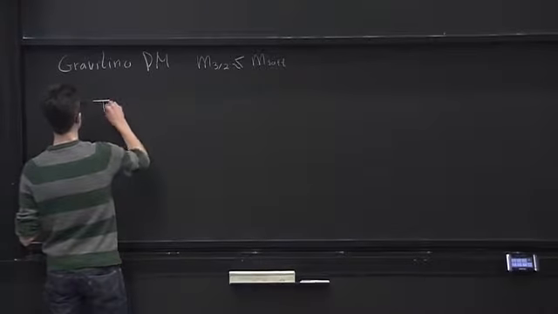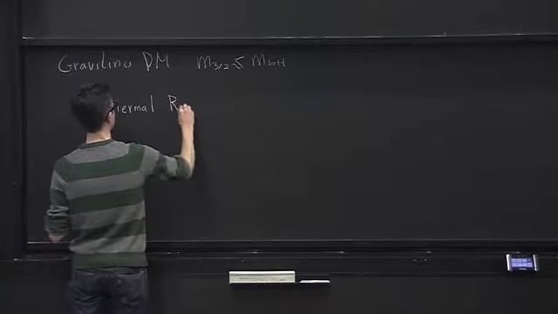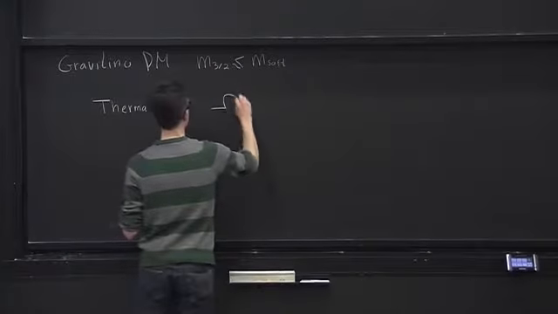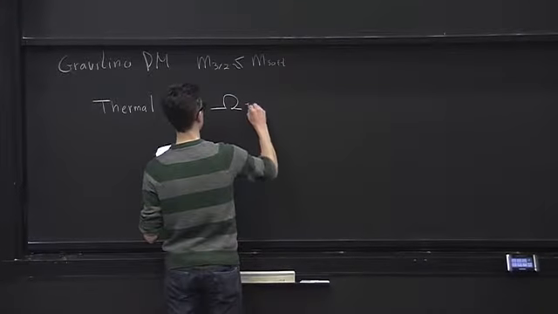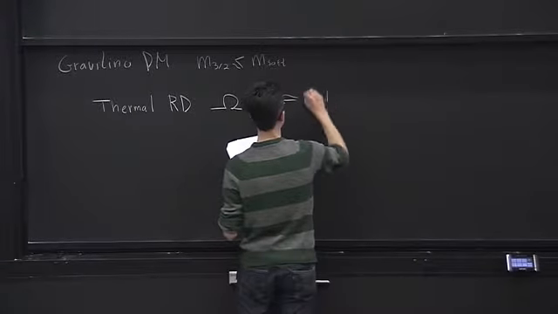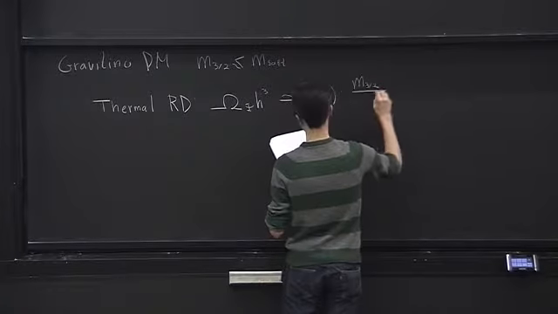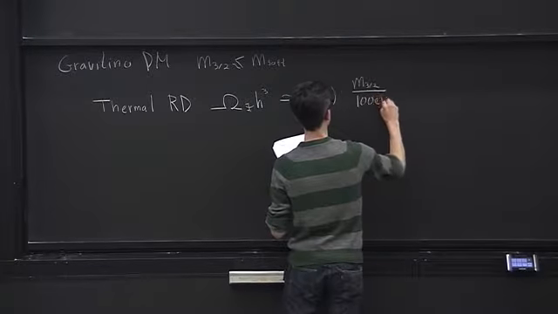And you end up getting a thermal relic density. It's just omega gravitino, 3 halves, roughly 0.1 times m3 halves over 100 electron volts.